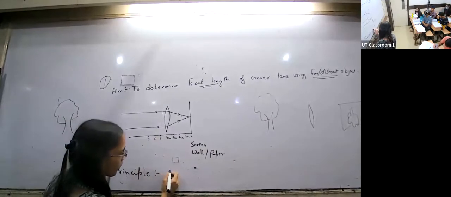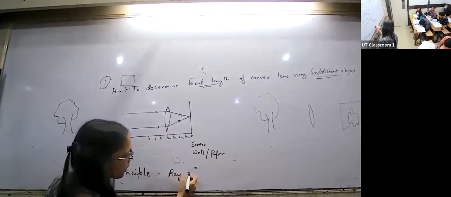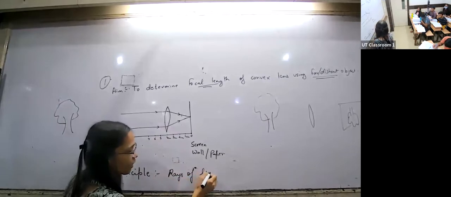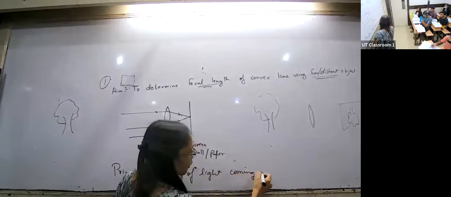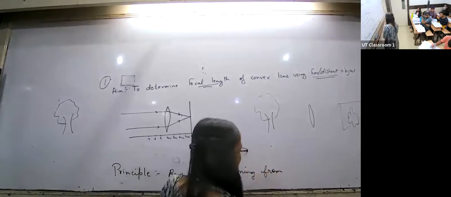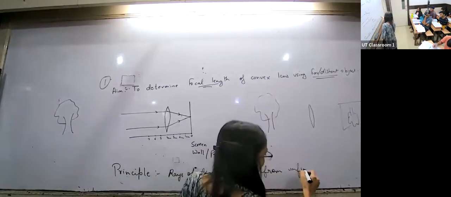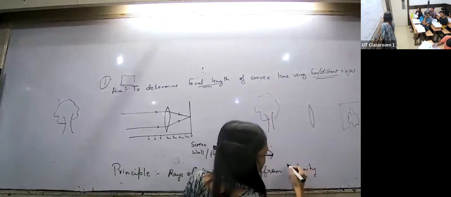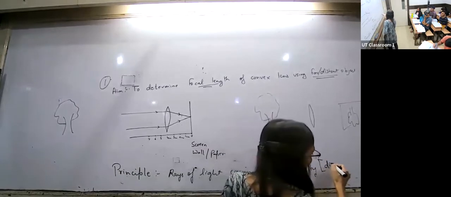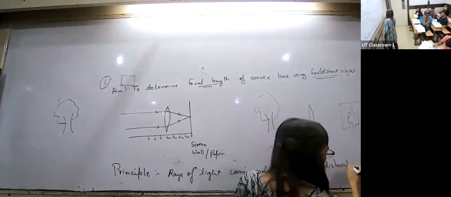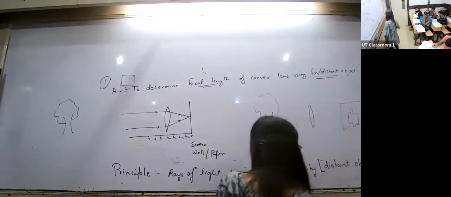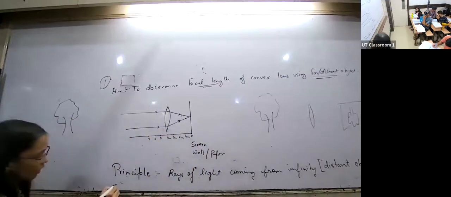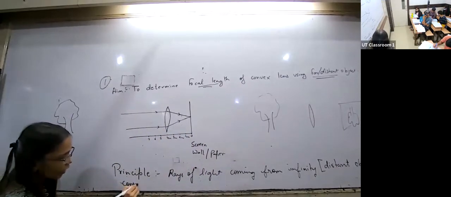Principle: Rays of light coming from infinity and passing through focus. And in brackets you will write distant object, because you are treating it as infinity. Distant object converge.